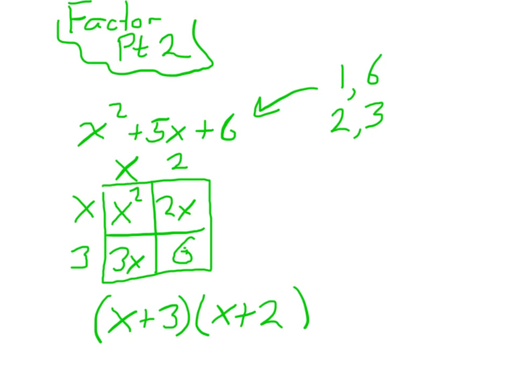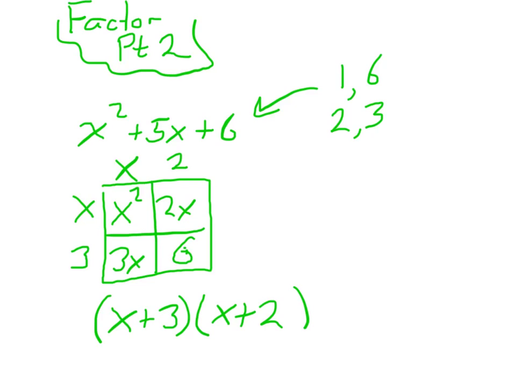Now, how do you know that this is the answer? Well, you find the product. Just like in video 1 where factoring takes things apart and distribution puts it back together, finding the product of these two factors, these are called factors, whether you use the FOIL or the box method, will actually go the other direction.